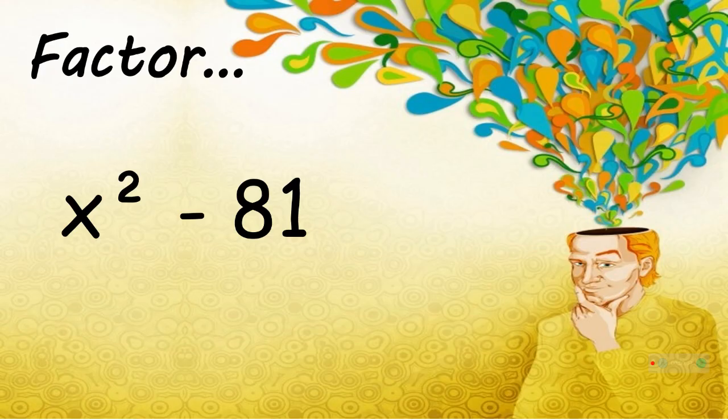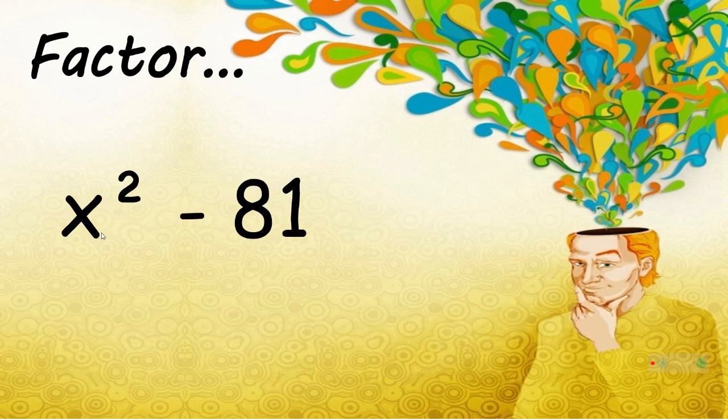But before we proceed with problem solving, let us have a review. I have here, you are going to factor x squared minus 81. So you are going to determine what kind of factoring technique you are going to use here. Yes, you're right. You are going to factor this using the technique in factoring the difference of two squares.